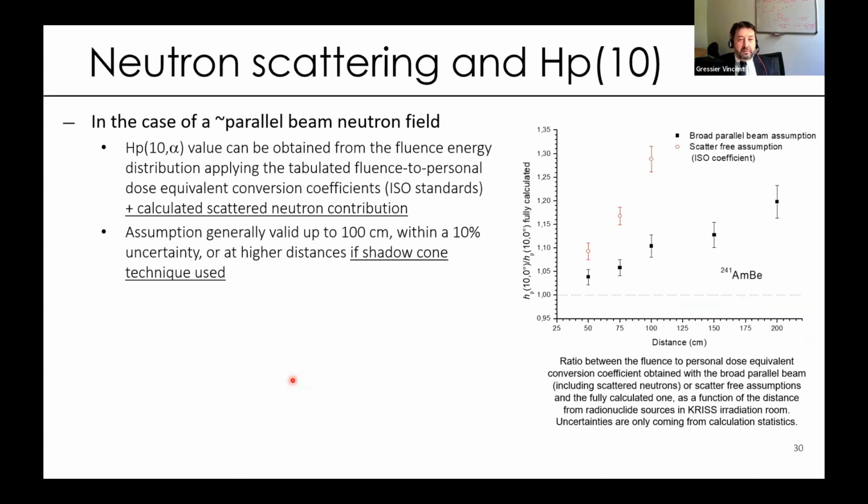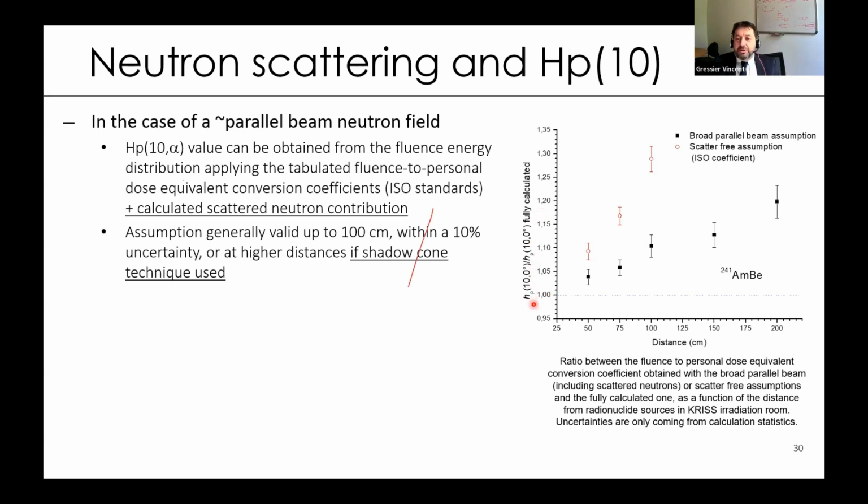Okay, what about now the neutron scattering and the personal dose equivalent? So we are in the case of passive detectors placed on the front face of a calibration phantom. What could we do?